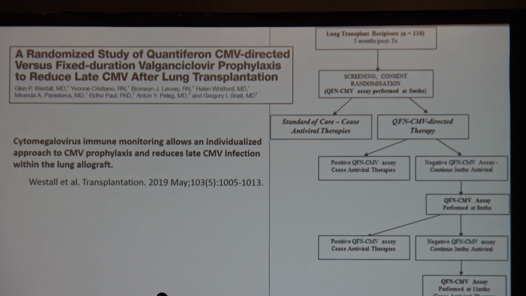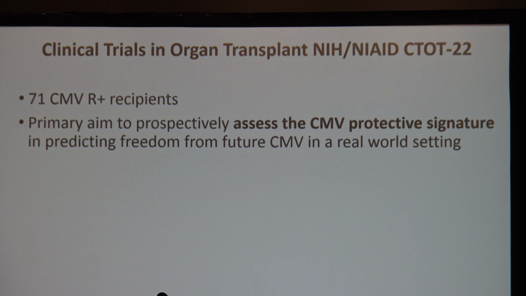She highlighted a new study out of Sydney where CMV immune monitoring was used to allow for an individualized approach to CMV prophylaxis, and then went on to highlight a study she's involved in that's looking at the protective signature against CMV in hopes that we can use this moving forward.